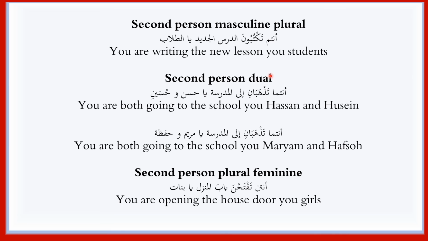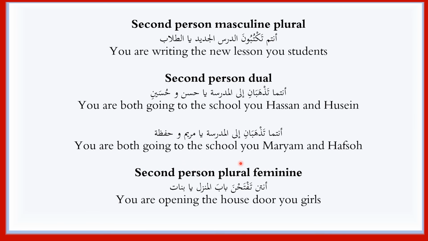And also it can be for either second person dual masculine or second person dual feminine. If it is joined like this, then it can be for either of them.